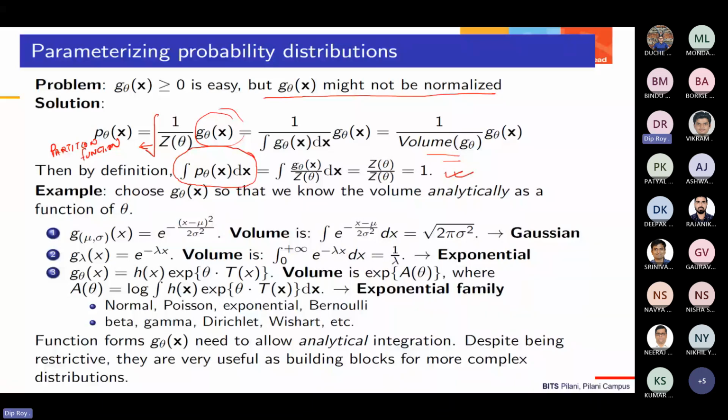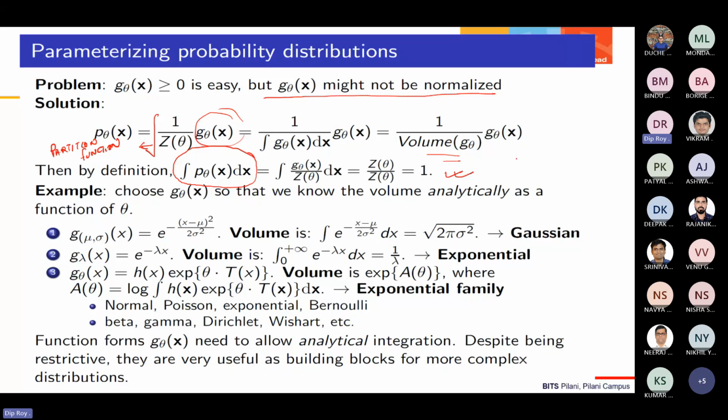And if you remember, how does a closed form multivariate Gaussian look like?